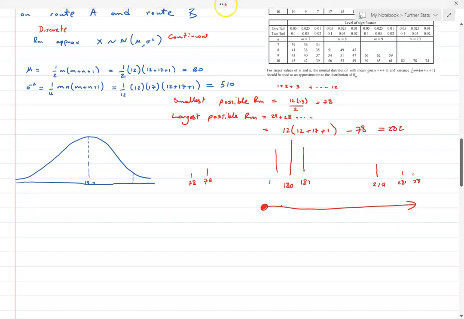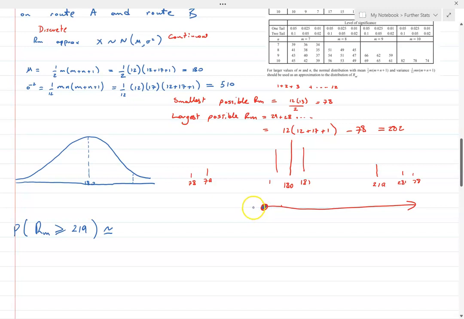So let's write out the question here. We need the probability that Rm is greater than or equal to 219. That's what we're trying to work out, but that's approximately equal to this normal distribution.